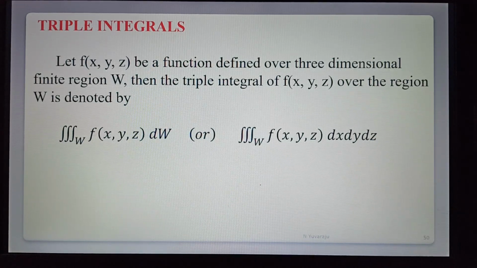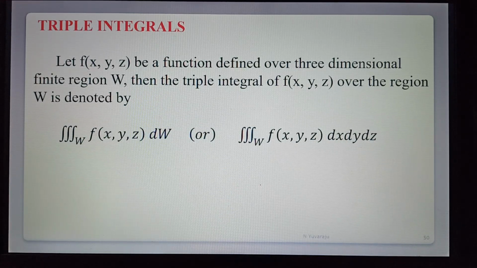Here we first integrate with respect to x, y or z, any variable. The limits may be constants or functions. For example, first integrating with respect to z, the z limits are constants or functions of x, y.